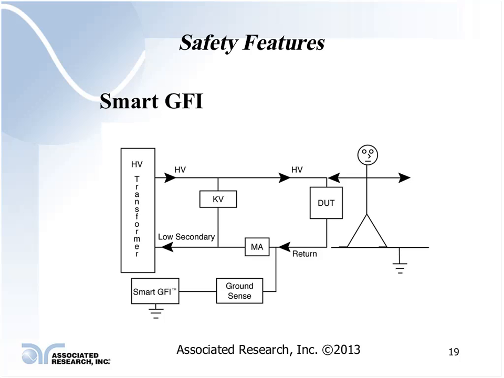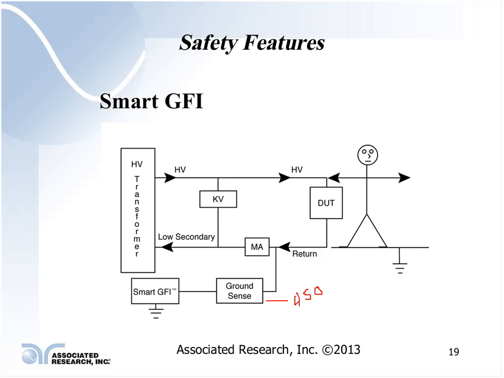Why did we pick such a low value? Since we're dealing with high voltage, we wanted to set the ground sense circuit to something really closer to your perception level. So our GFI circuit is normally set for about 450 microamps.